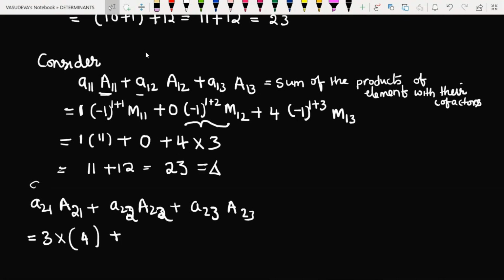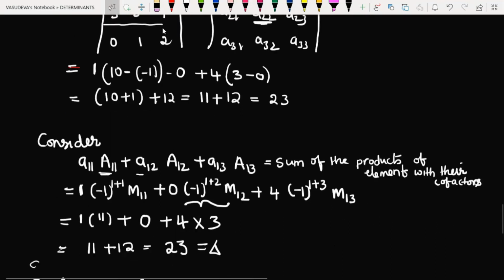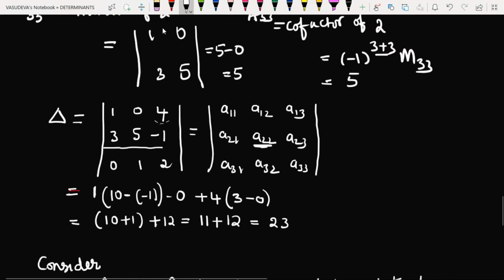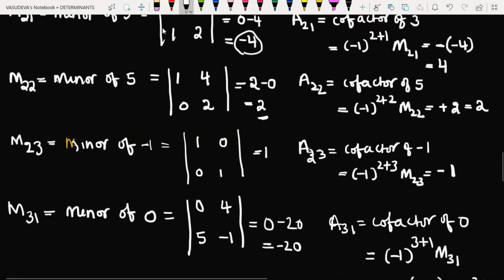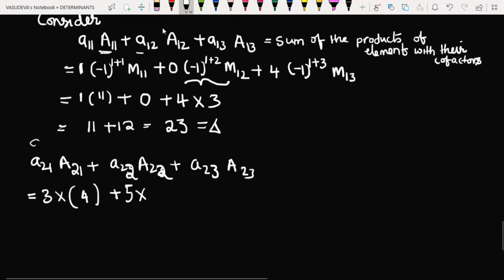Plus a22, the element 5, into the cofactor of 5, which is 2.